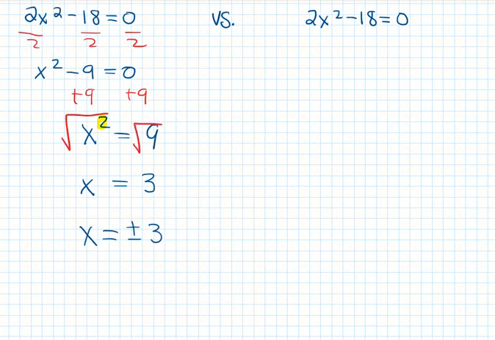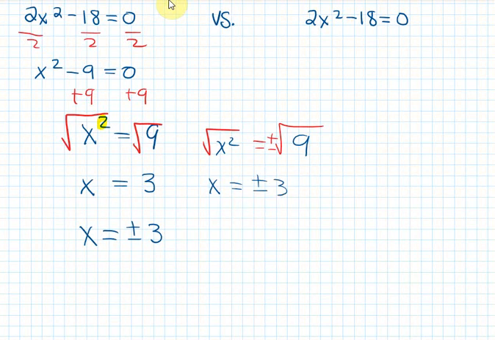So at this point, you would have had x squared, you'd have your 9, and when you take the square root, you would write a plus or minus there, and then you would get x equals plus or minus 3.